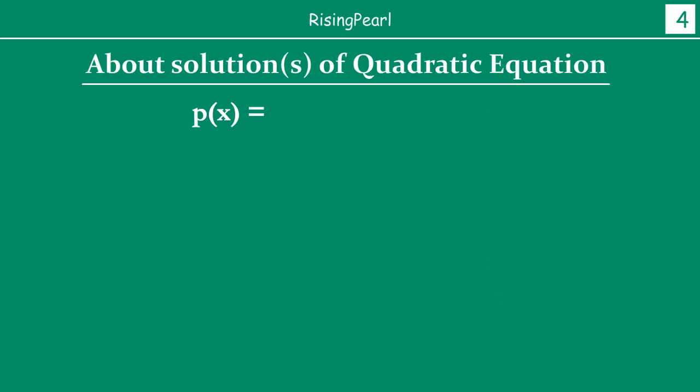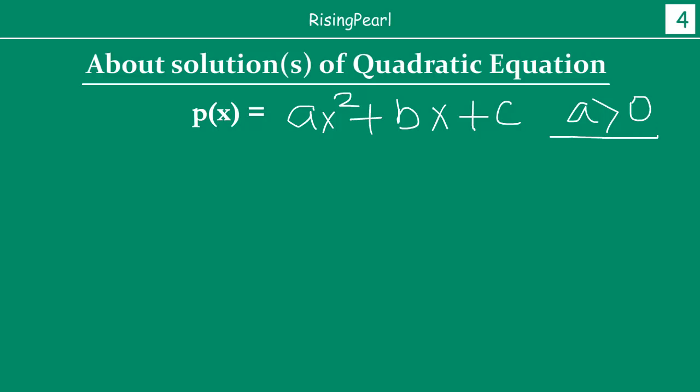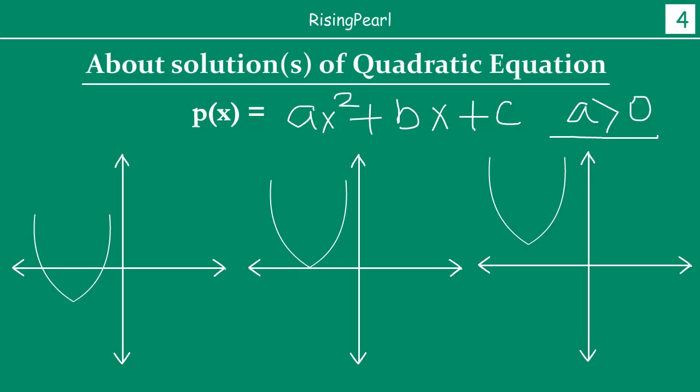So let's write a quadratic polynomial in the standard form. If the value of a is greater than 0, then our graph will look something like this. It can be this, it can be this, or it can be this. Meaning that if the coefficient a, that is the coefficient of x squared, is positive, the graph faces upward, right?